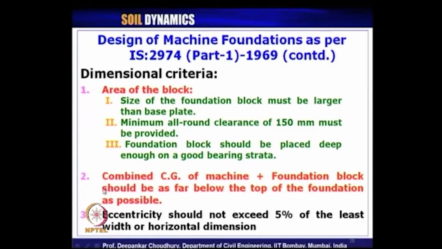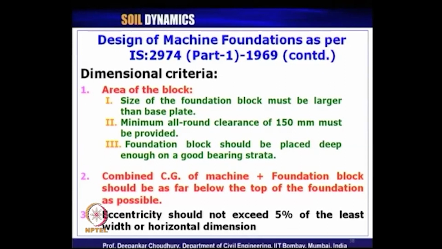The next criteria says that the combined center of gravity of the machine plus foundation block can easily be calculated by knowing the total size and height of the foundation after designing it. We know where the CG of the foundation lies, and also for the machine weight we know where the CG lies for the machine.